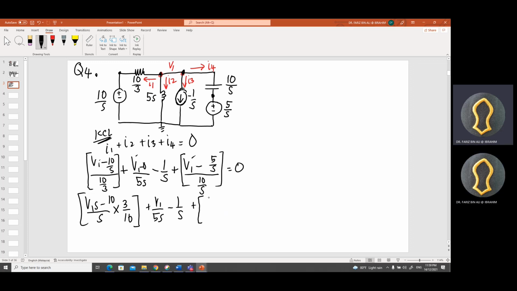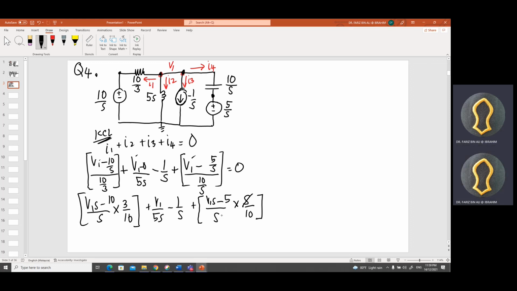Okay, so V1S minus 5 over S divide with 10 over S, or I can times with S over 10. Same thing, isn't it? If you divide with 10 over S, it will be times S over 10.